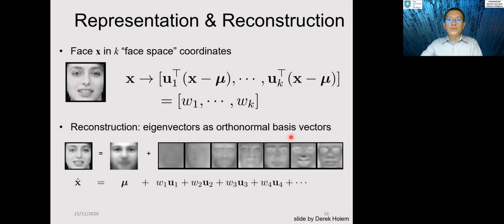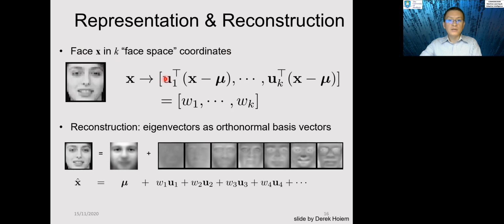So here we take a look at how this representation and reconstruction works in the subspace. Let's look at representation first. Suppose we want to represent a face X. Using PCA, we can represent this face in k coordinates in the face space.